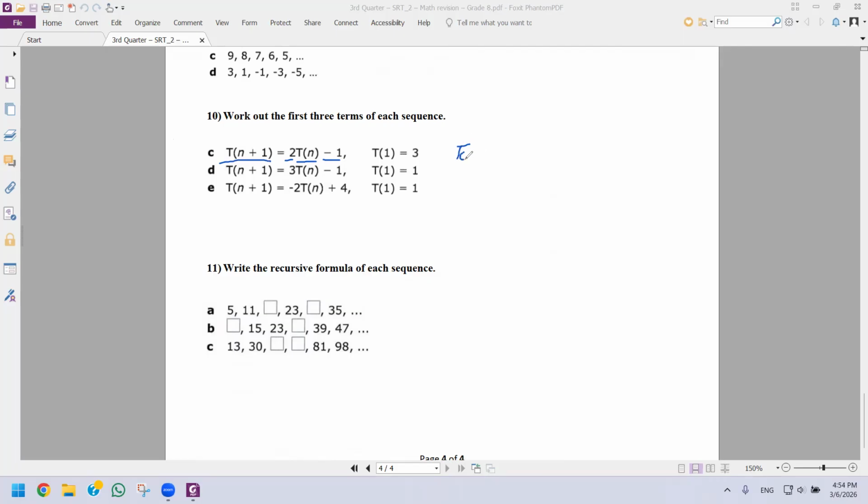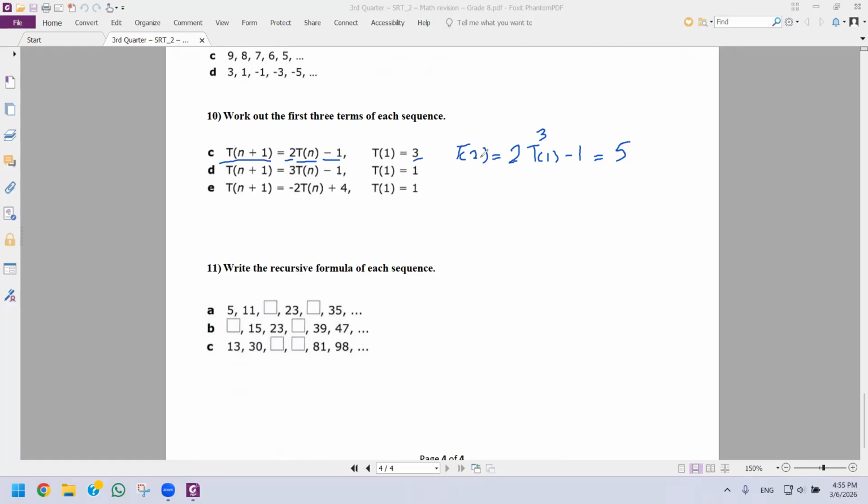Now let me write T2. What is T2 equal to? Let me apply the formula. It's equal to 2 times T1 minus 1. What is the value of T1? It's 3. So it's 2 times 3, 6, minus 1, 5. It says find the first three terms. The first one is given.